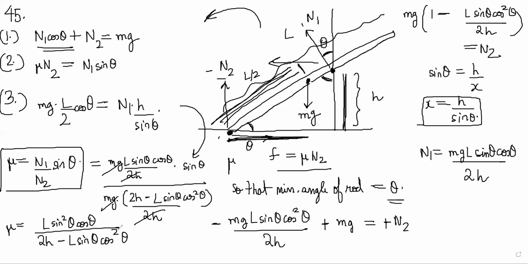Can we simplify this a little bit? No, this is the answer which is given. So L cos theta sine square theta by 2h minus L. So this is coming as mu.